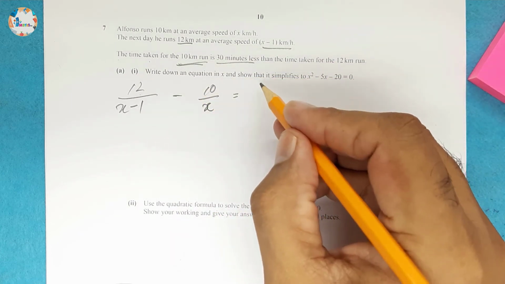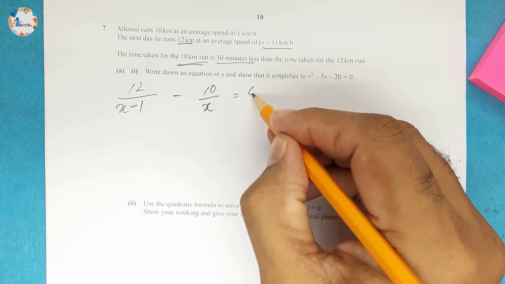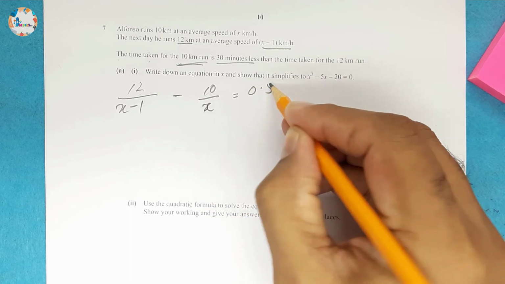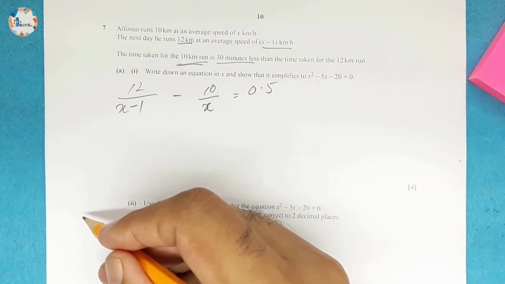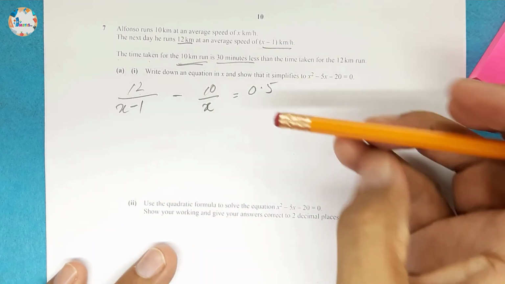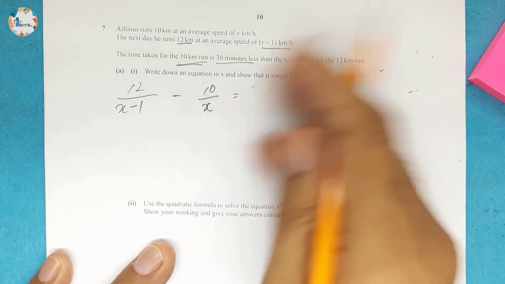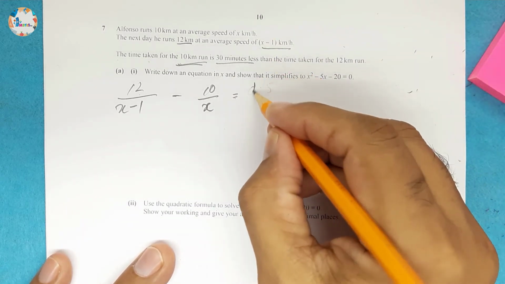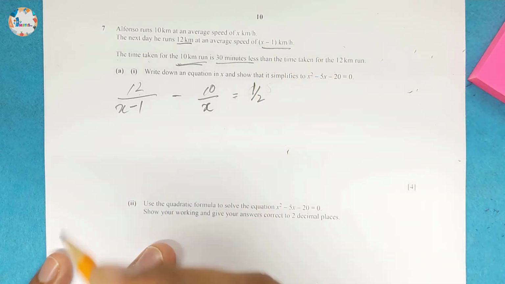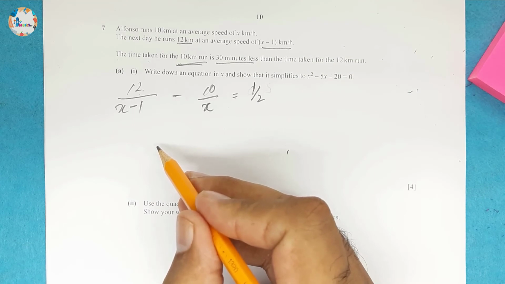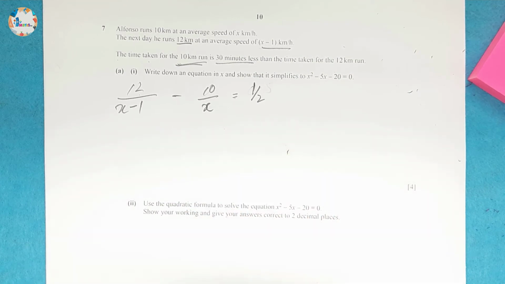And 30 minutes we can write as half an hour, which is 0.5. So this will be basically the equation, or directly we can write 1 by 2, which is half an hour. Now after this we can take LCM. We have to simplify this one.